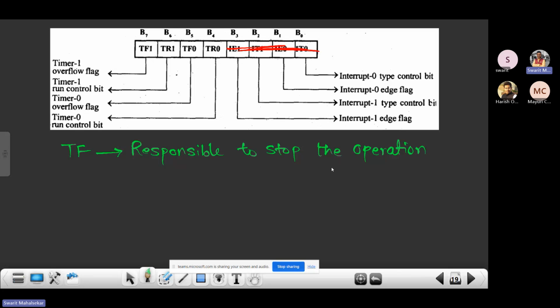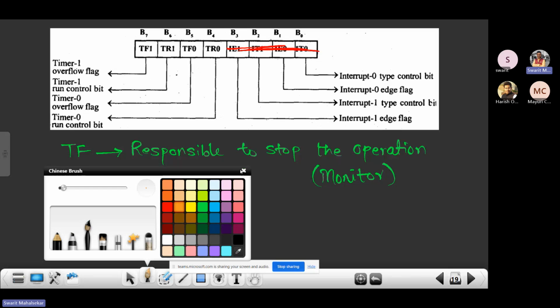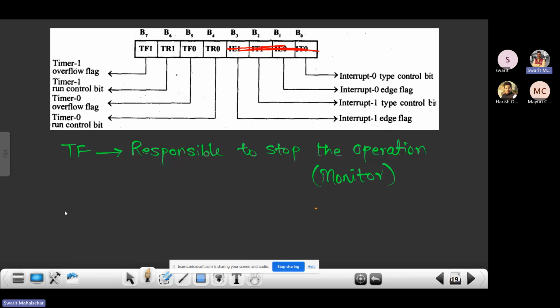Basically, it is an overflow flag. So basically, we need to monitor this particular flag. Okay, I'll come to this particular part, don't worry. Then we have another bit that is TR, and it is responsible to start the operation. I hope this is clear, guys.